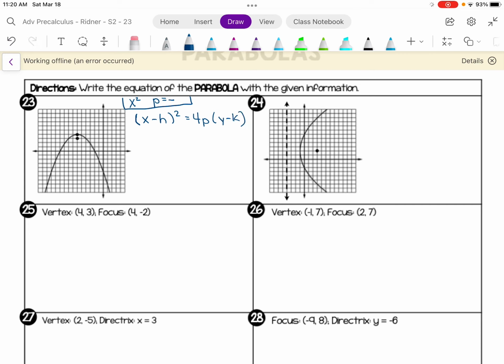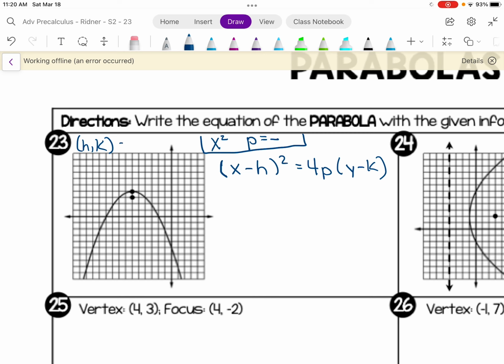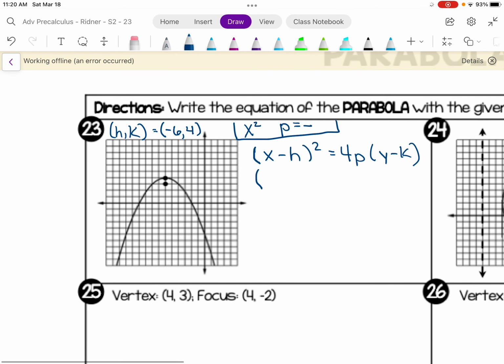My h and k is my vertex, and in this example, h and k are -6 and 4. So x minus -6 becomes plus, and then y minus 4 for the y value.